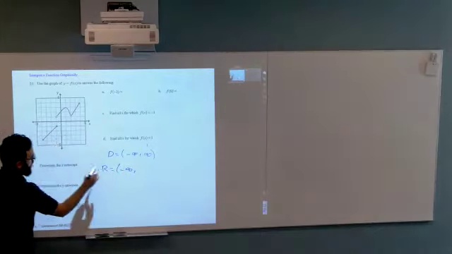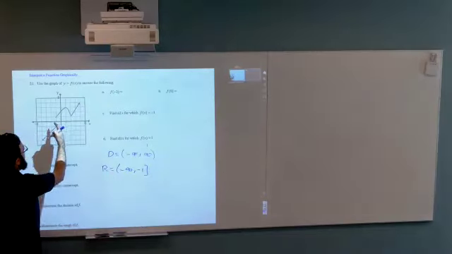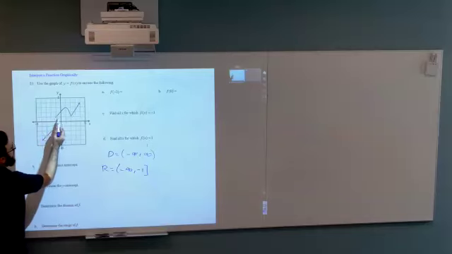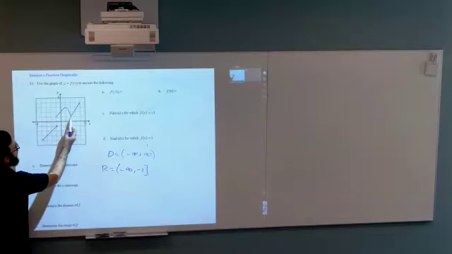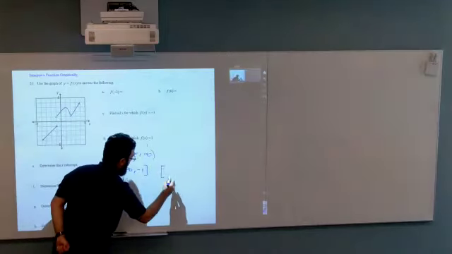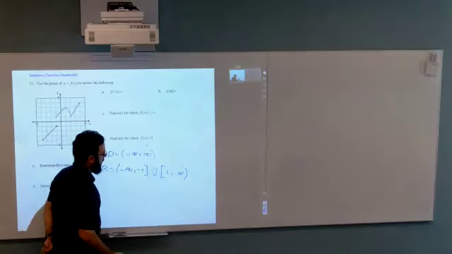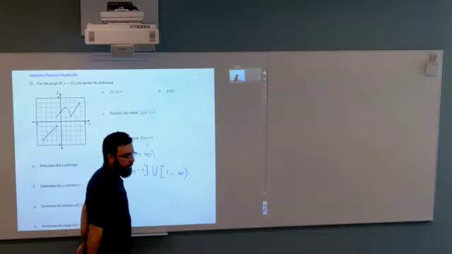It's negative one. Bracket. Write down the second piece. Parentheses, one, which is this one, because here is the undefined. One to where? Infinity. Bracket, one to infinity. Put union between them. That's it.